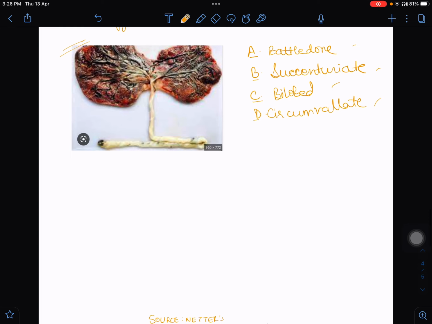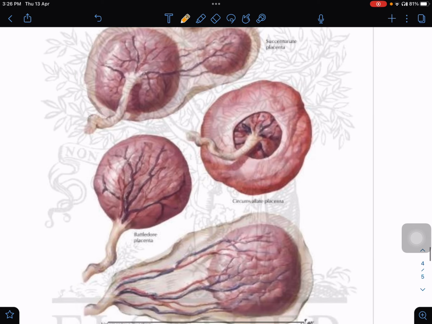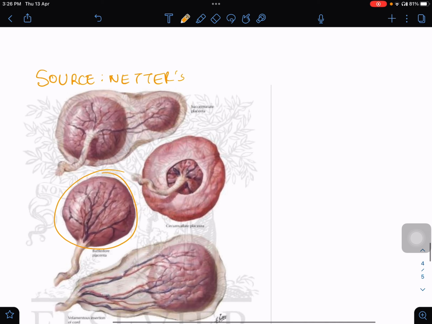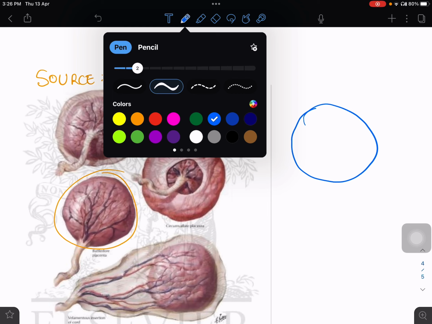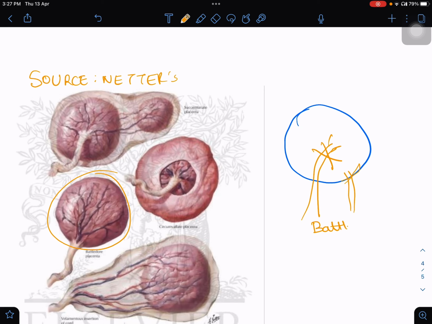So what is the battledore placenta? I've taken this image from Netter's, and this is the battledore placenta. Basically, the umbilical cord is supposed to attach to the center of the placenta. But if, instead of the center of the placental mass, it is attached to the margin of the placental mass, then it is called battledore placenta.